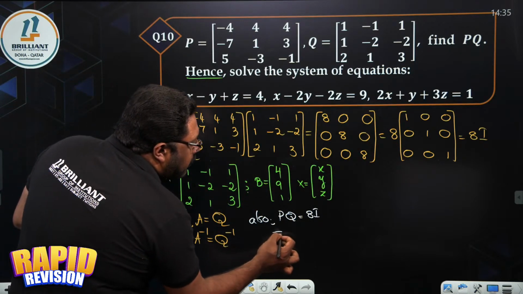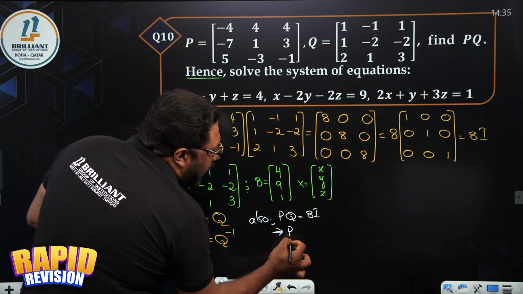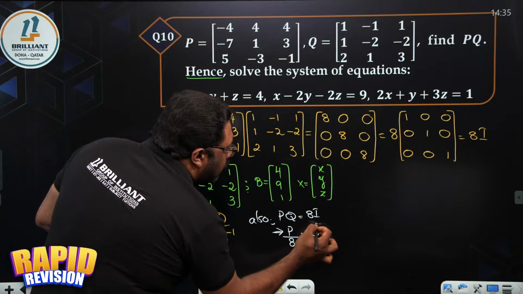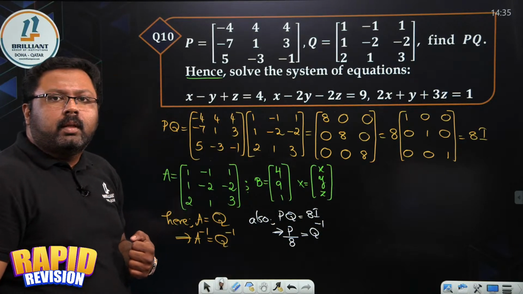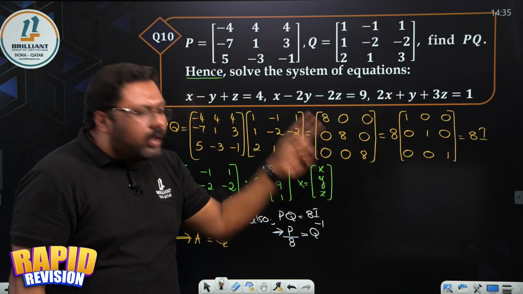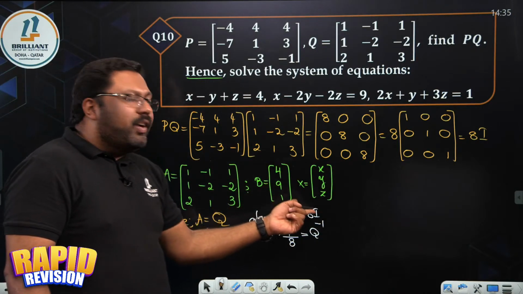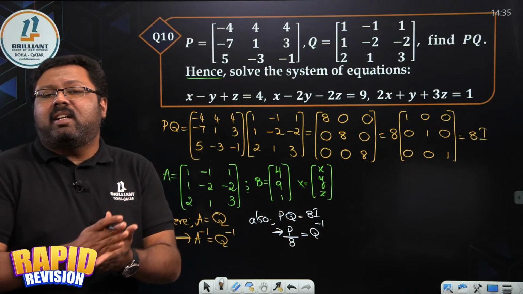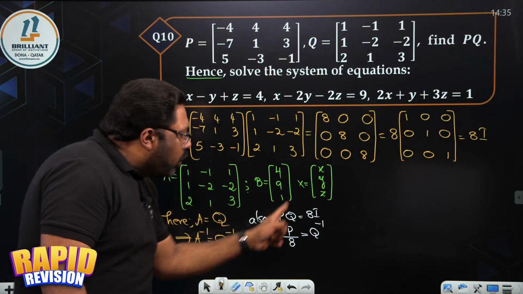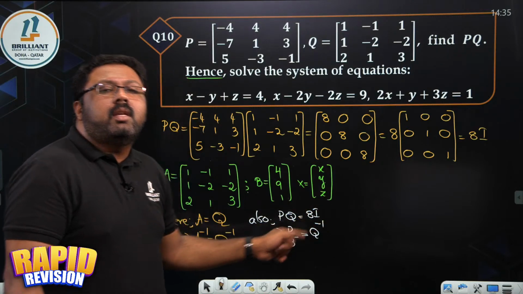Can I say that implies P by 8 is equal to Q inverse? P divided with 8 is equal to Q inverse. Forget about I, because when I is multiplied to any matrix, it's the matrix itself. So Q inverse is equal to P by 8.